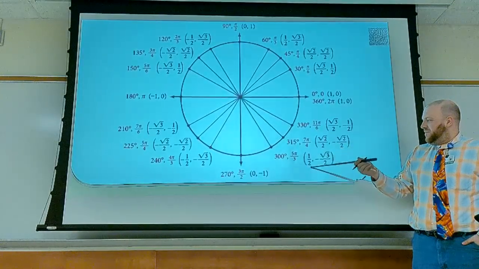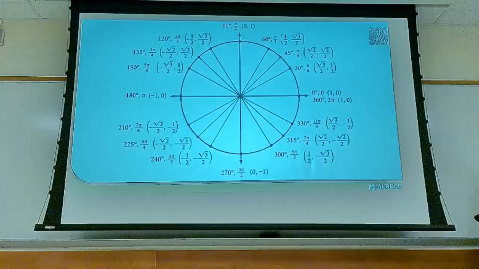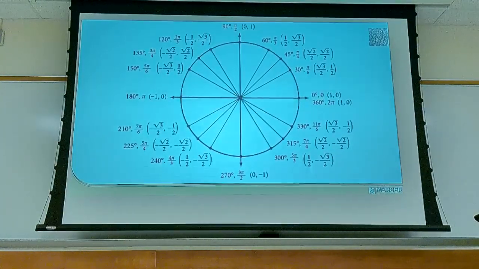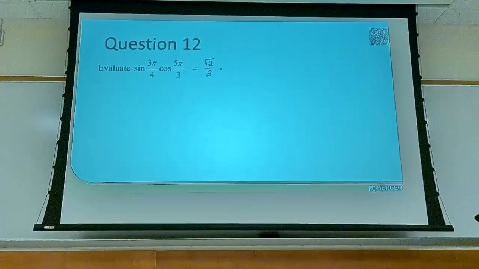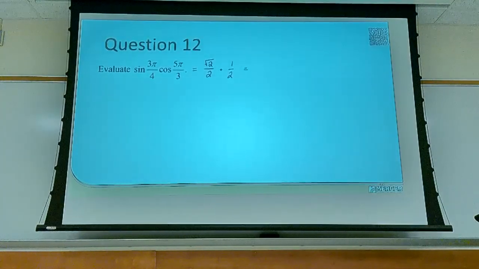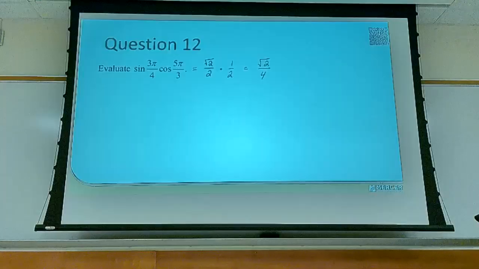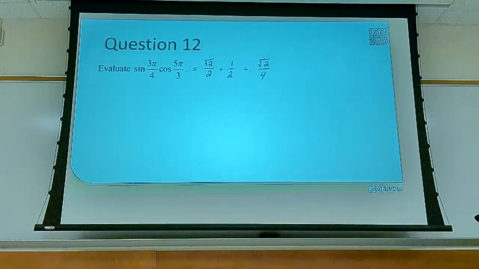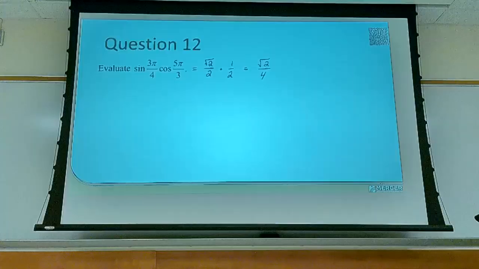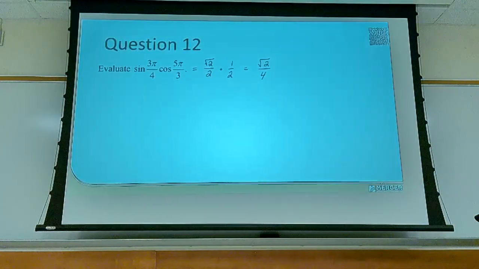Cosine's the x-coordinate, 1/2. Root 2 over 4. And they say trig is hard.